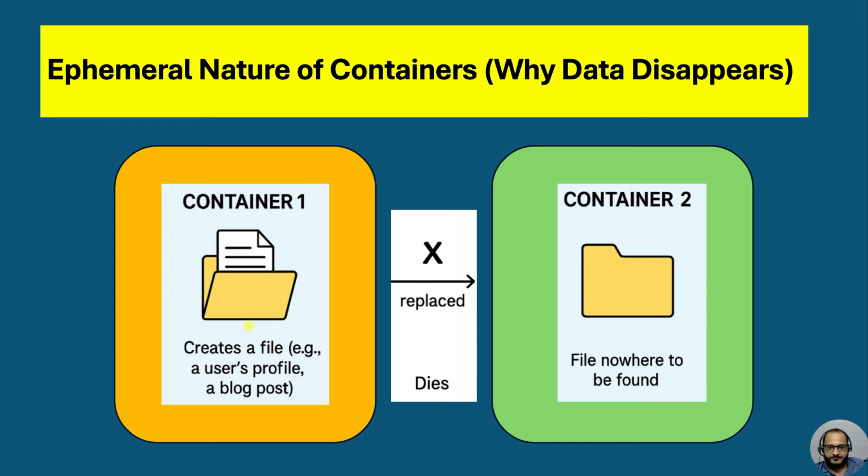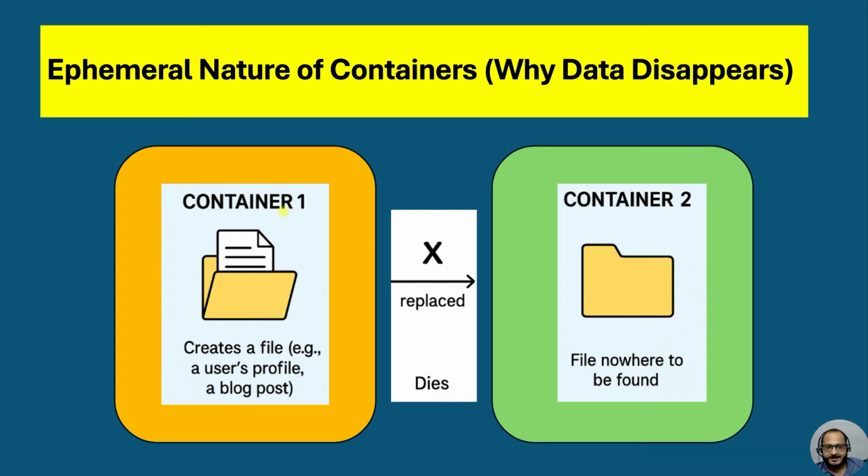So that's why we need to use a volume. Because if container 1 crashes, and suppose here we have user profile and blog post files, these files will also be lost, because Kubernetes will create another container, which is container 2, and in this container we will not be able to see those files which we created in container 1, because they lived shortly, or I would say they are temporary.